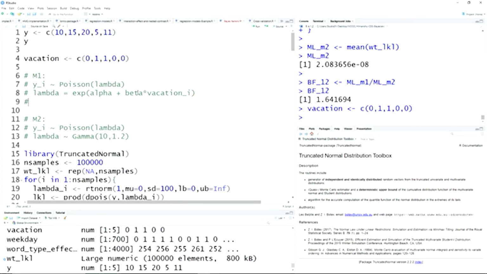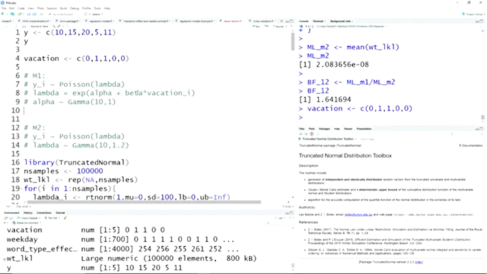Now the parameters have changed. You have two parameters, alpha and beta. Let us say alpha has a gamma prior and beta has a normal prior.